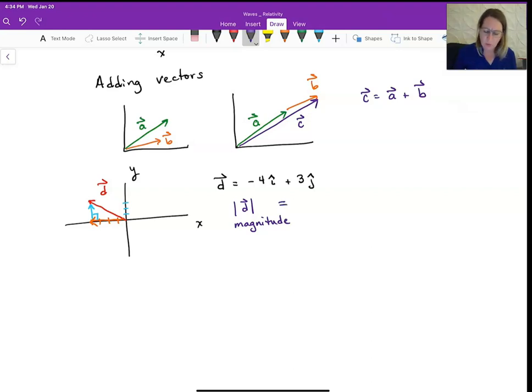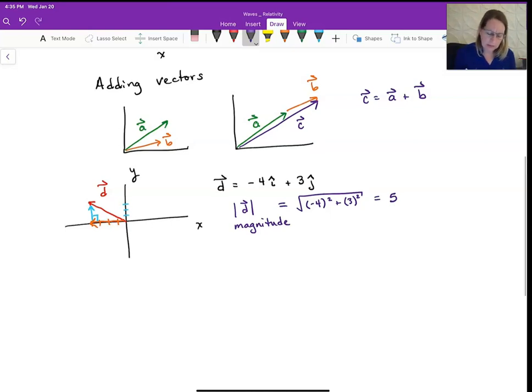So the magnitude of D equals the square root of -4 squared plus 3 squared, which turns out to equal 5. So notice the length of this, the size of D, is 5 units, but it's made up of two vectors that are 4 and 3 in length, and that's because they're off at different angles.